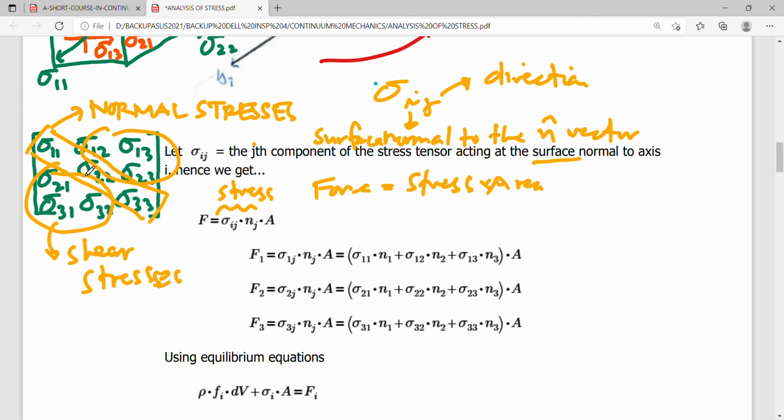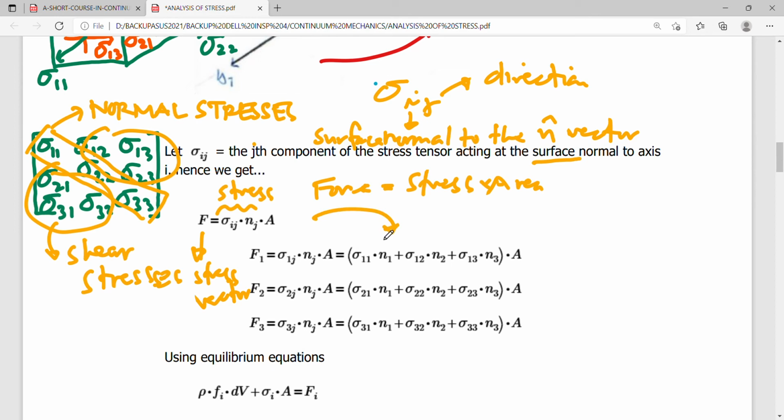Now if I know the values of each and every quantity inside this array or matrix, then I can compute simply for the force vector or the traction vector. So we call this now a stress vector or the traction vector F1, F2, F3, given by this formula, which upon expansion will lead to this one here.